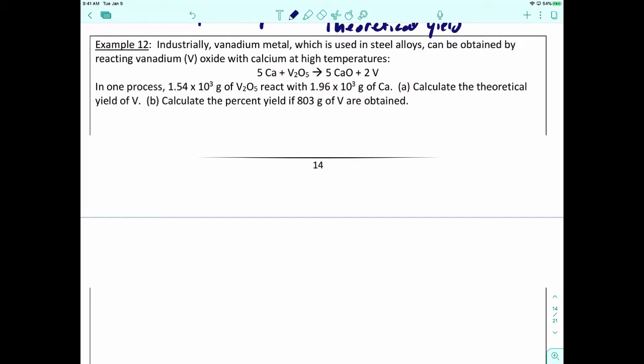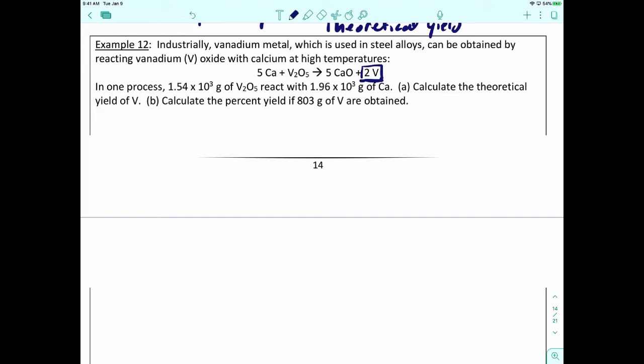So this tells us right off the bat that vanadium is the product of interest. So let me put a box around vanadium. Part A, calculate the theoretical yield of vanadium. Part B, calculate the percent yield if 803 grams of vanadium is obtained.